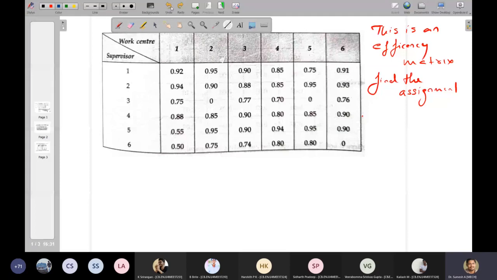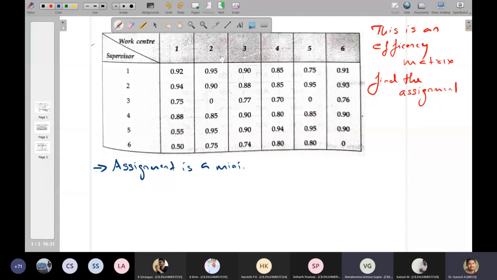Sir, minimization model. Yes, so assignment is a minimization model. Since it is a minimization model, we'll subtract everything from one, sir. So it is converted to maximization.